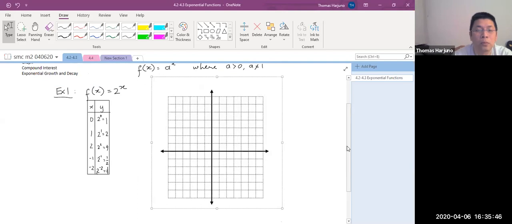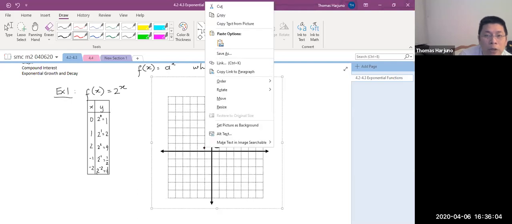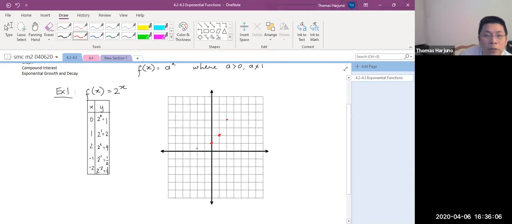Now, if I plot these coordinates, let me use red color. (0, 1) is here, (1, 2) is here, (2, 4) is here, (-1, 1/2) is here. Oops, (-2, 1/4) is here. If I go on further, when x equals 3, the y is 8, right?